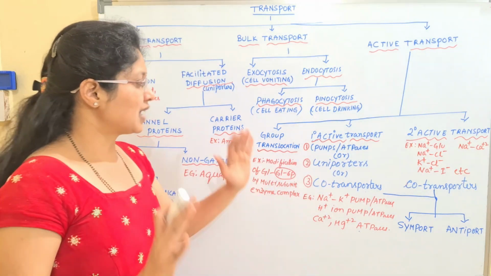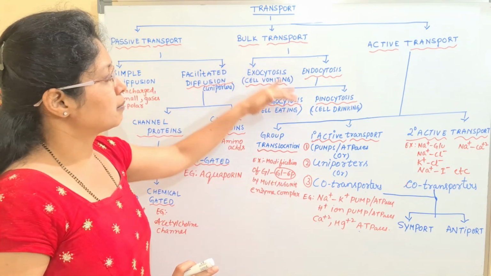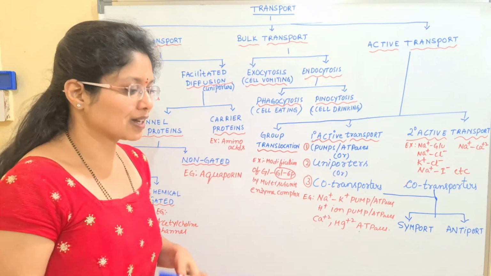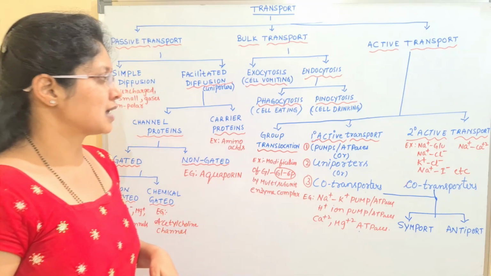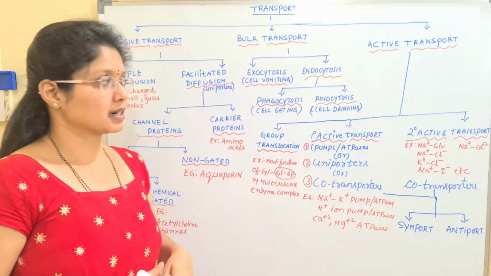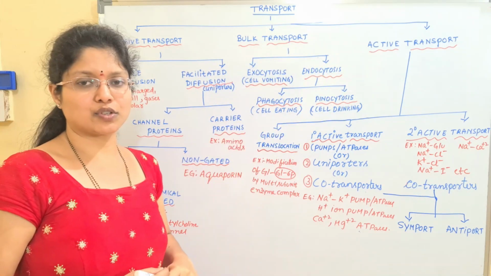Other than this, we have extra information regarding group translocation and bulk transport, which is not included in your syllabus, or you can say for your NEET. For other exams, it is very essential. So mainly the NEET aspirants can concentrate on the passive as well as the active transport.